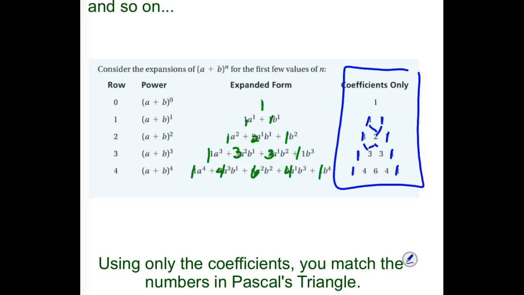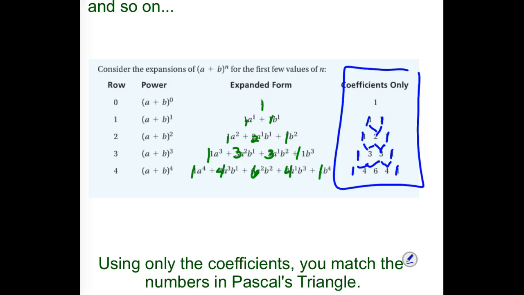Yes? If I add the 2 and 1 together, I get another 3. If I add these 1 and 3's, I get 4. 3 and 3 is 6. 1 and 3 is 4. So to create any row, I know that it has to start and end with a 1. And all the numbers in between, I'm just going to add the ones above it.